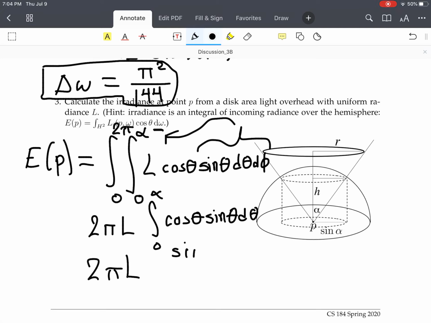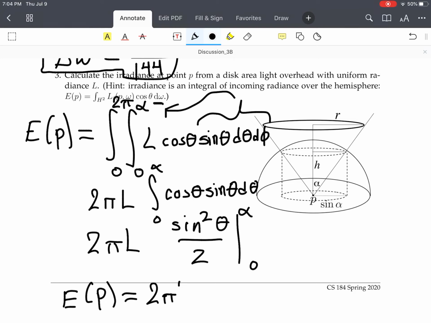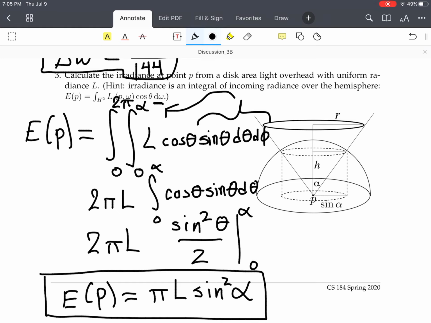It's going to be sine squared theta over 2 from 0 to alpha. Sine of 0 is 0, so that part is gone. And actually this 2 is going to go away because we have this divided by 2 here. So E of P is just going to become pi L sine squared alpha. Okay, and that is our answer.